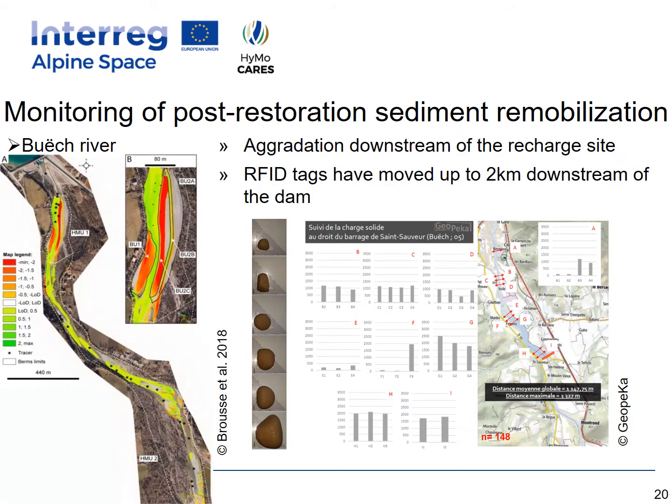Repetitive topographic surveys of the restored ridge, DEMs, were overlaid to produce change detection maps. These DEMs are derived from 3D point cloud, 3D point to TIN to DEM, from airborne LiDAR surveys.